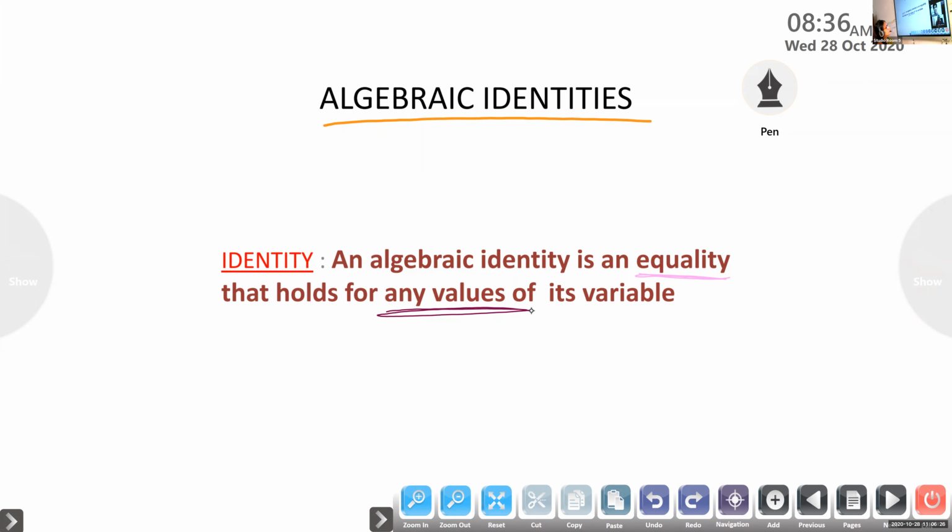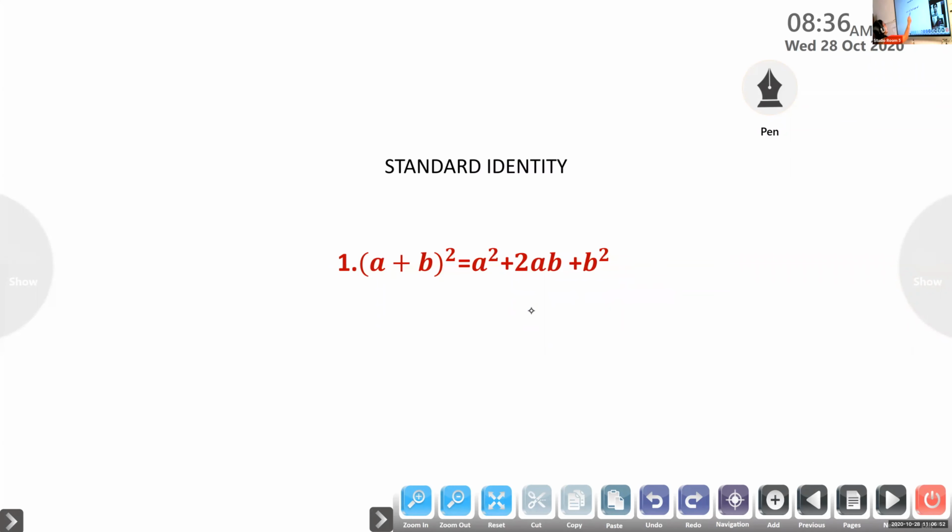Rudra, read. Alsan, read. Agna, read. Okay, good. Now we have standard identities.